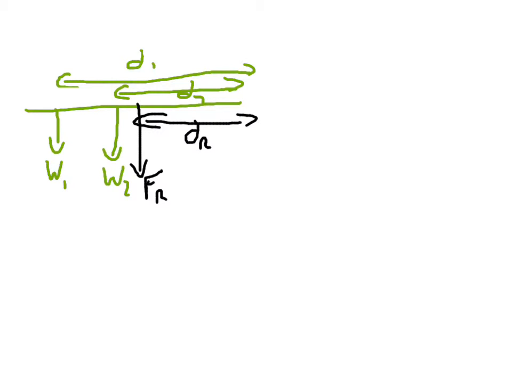To do that, you're going to have to use the sum of your forces equaling your resultant force, and the sum of the moments. So you're going to have to look at both of those rules.